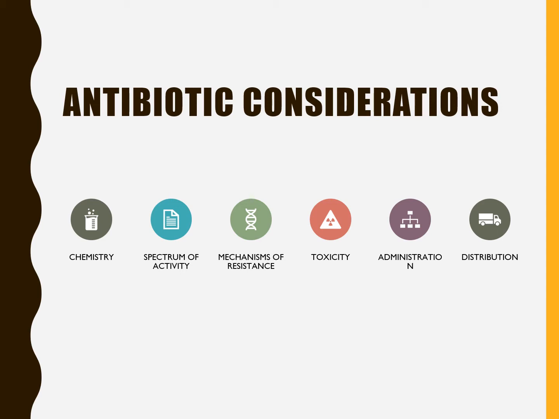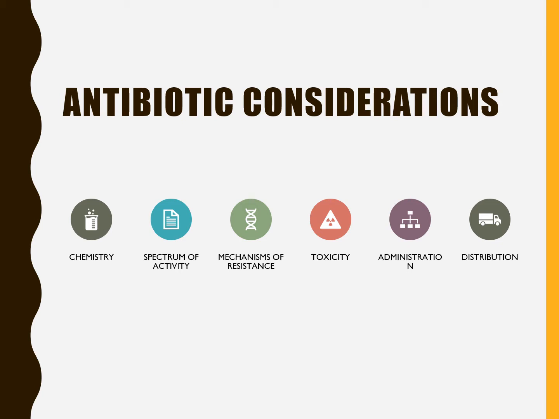So some of the things that we want to consider when we're choosing an antibiotic would be the chemistry, which would refer to the subtle differences in the chemical structure of both the antibiotic and of the pathogen that you're trying to kill. And we'll talk about what those would be.